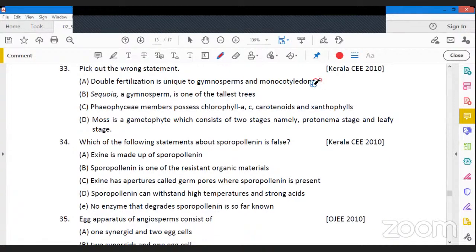Wrong. Double fertilization is found only in angiosperms and not in gymnosperms. Sequoia is a gymnosperm and is one of the tallest trees, true. Phaeophyceae are members of chlorophyllae, correct. Moss is a gametophyte which consists of two stages, namely protonema and leafy stage, correct. In some questions they will bring concepts from more than 2 chapters and give it to you, so you should be ready. They have given that double fertilization is unique to gymnosperms, which is wrong. It is unique to angiosperms only.